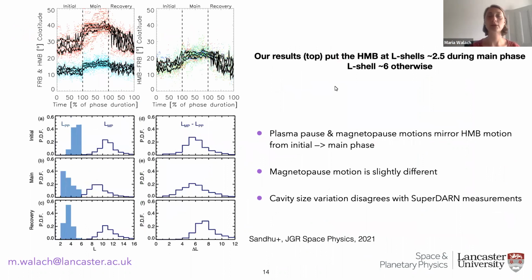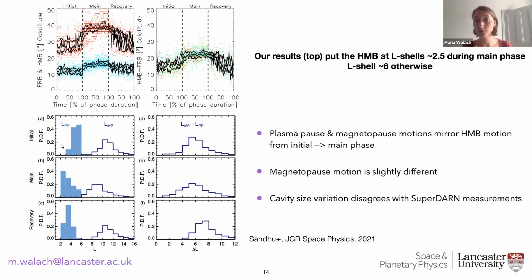And this is interesting because we can compare it to plasmapause and magnetopause motions. This is from a study, Sandu et al. And you can see in this study, the initial, main and recovery phase were grouped in exactly the same way as we grouped them in our study.